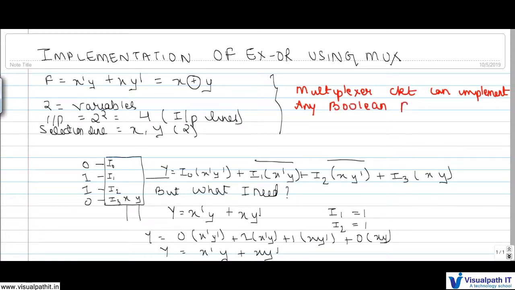Any Boolean function can be implemented with the help of a multiplexer circuit, just like this. This is a 4x1 multiplexer, right? Now let's try to implement some more Boolean functions or some more circuits with the help of a multiplexer.